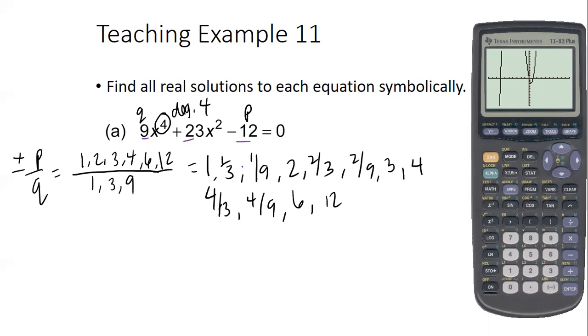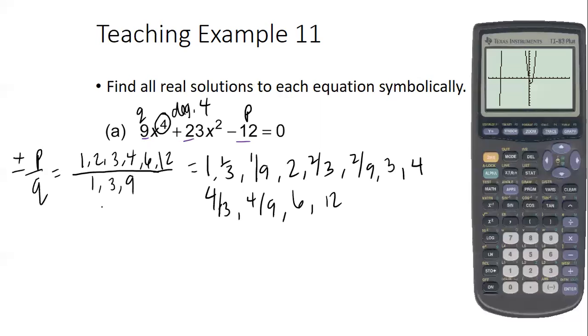You could use the quadratic formula as a shortcut instead of having to do synthetic to figure out which one is correct. Because if you choose the wrong number doing synthetic, that's a lot of work, right? So if I can use quadratic, why not use it?